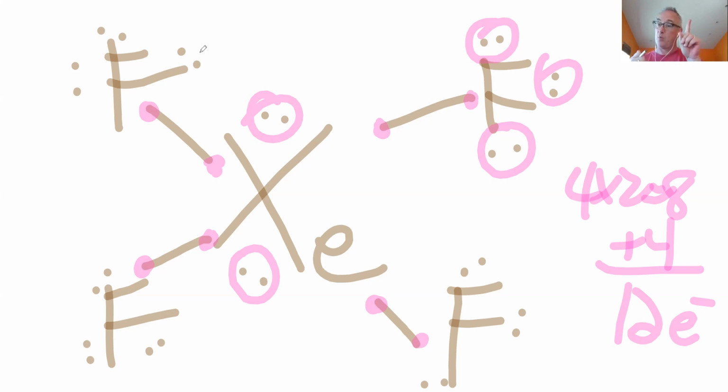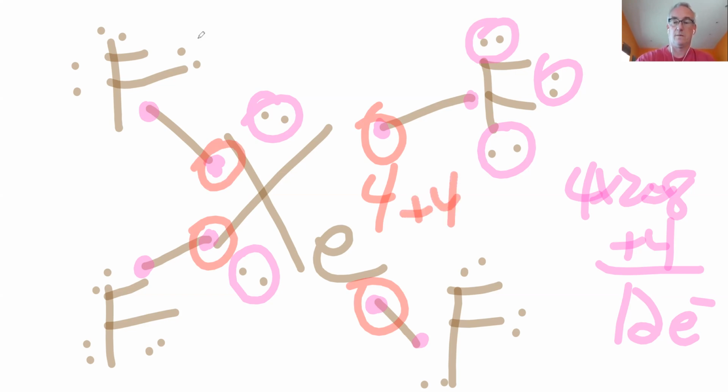Now, what's the formal charge on xenon? So now instead of just total electrons, how many valence electrons does it have? So let's count up the valence electrons on xenon. So it's got the 2 lone pairs, that's 4. And where are the other electrons that we consider valence electrons for xenon? The ones from the bonds. And how many from each bond does it get to keep for itself? 1 each. 1, 2, 3, 4. 8.